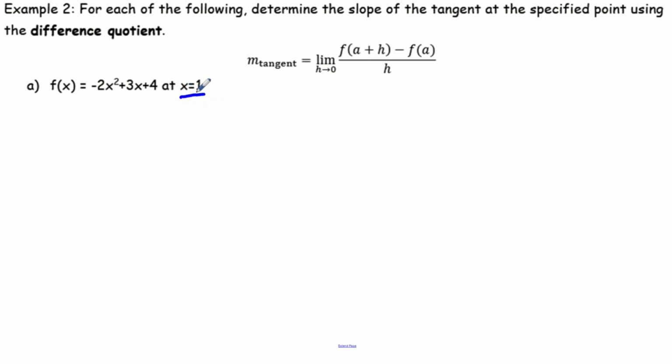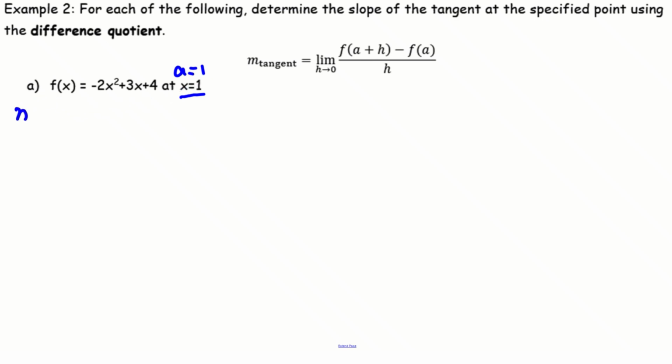So we are going to do the same thing. Step 5, we sub in a equals 1. Before that, we just sub in a plus h for x, then expand it, then simplify, then sub in h equals 0. So you have two sub in. One is h equals 0, another one is a equals 1.